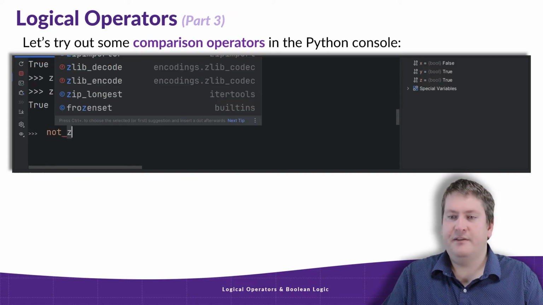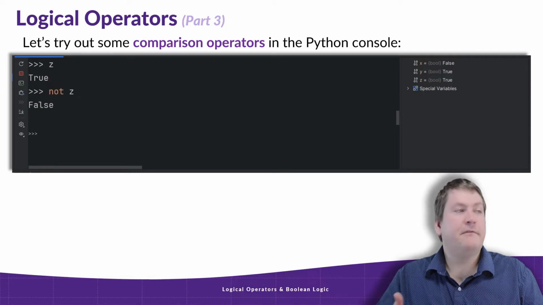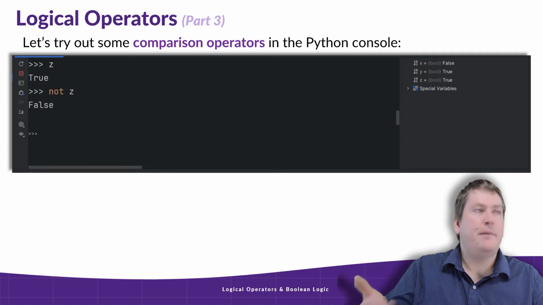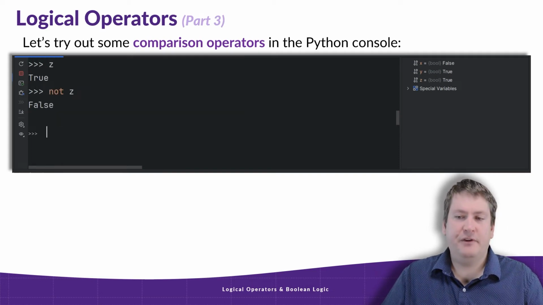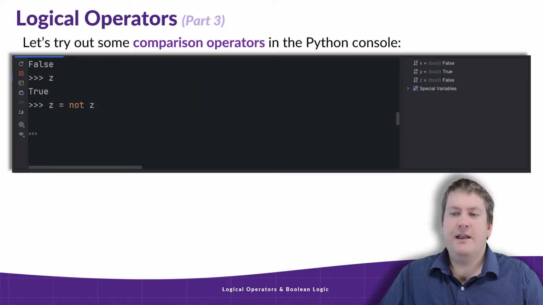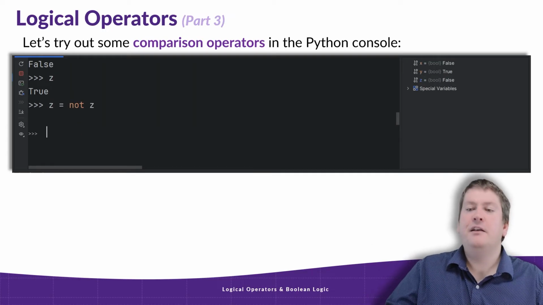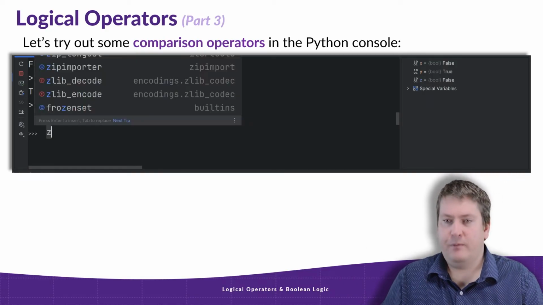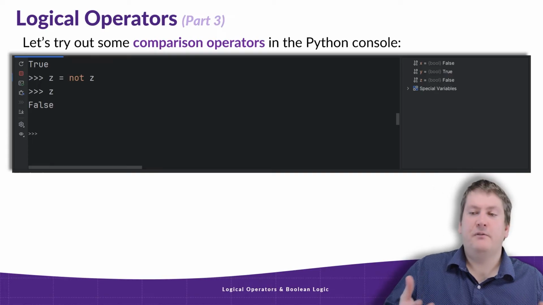So if we said not z, we would get false, because it flips it around. And if we wanted to actually make that change to z, because z right now is still true, we could say z equals not z. And now what this did is it flipped z from true to false, and then stored it back in z. So when we output it, we can see it's now false.